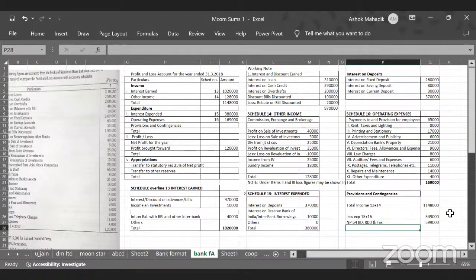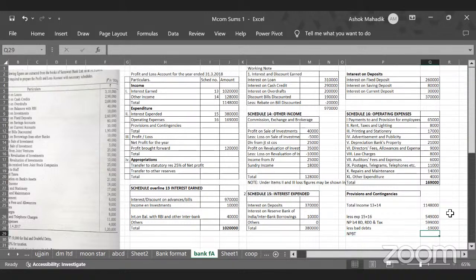So we'll now deduct bad debts. How much are the bad debts given to us in the first adjustment? 19,000. So less bad debts 19,000. Okay students, so we get net profit before tax.